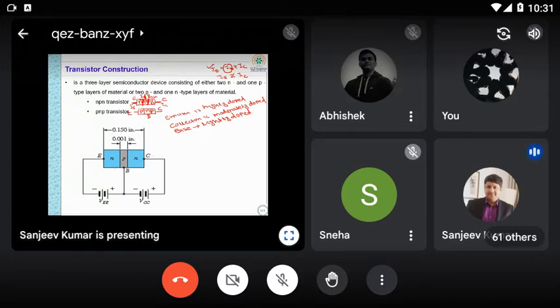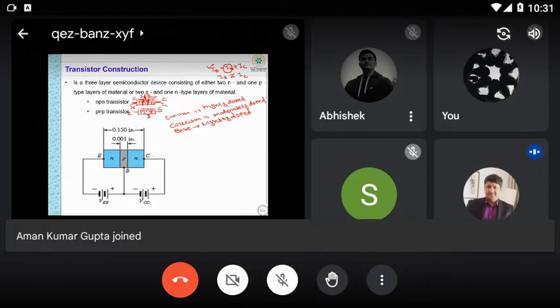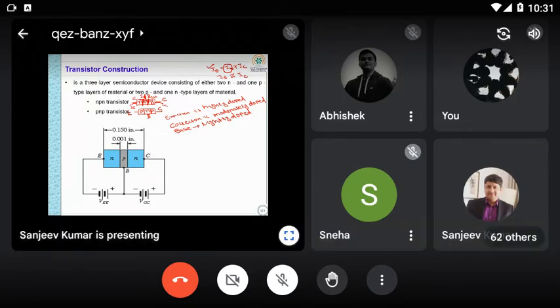Now once you are taking the NPN configuration, as I already told, biasing is required to overcome the barrier potential, because two PN junctions will be created here. Based upon that, you have to give the biasing voltage. Here, this is your input, and this is your output.